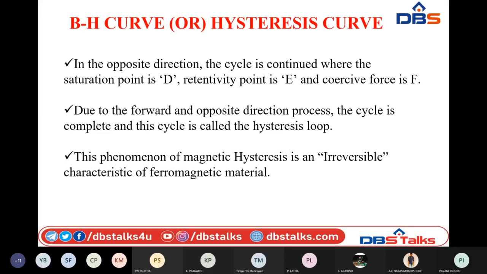This phenomenon of magnetic hysteresis is an irreversible characteristic of ferromagnetic material. That means once ferromagnetic materials are magnetized and demagnetized, we definitely observe the process of hysteresis. This cannot be changed. It is an irreversible change which is possible only for ferromagnetic materials.